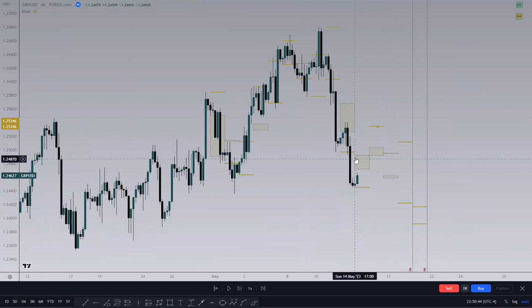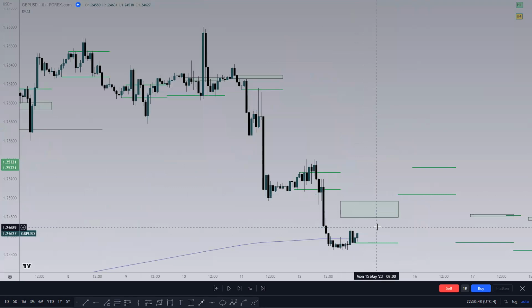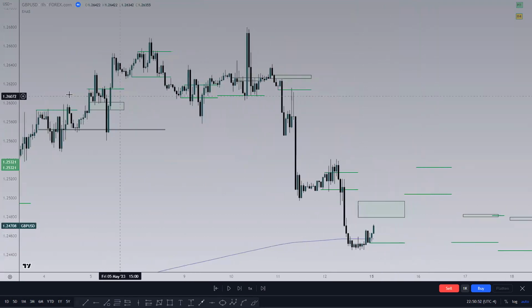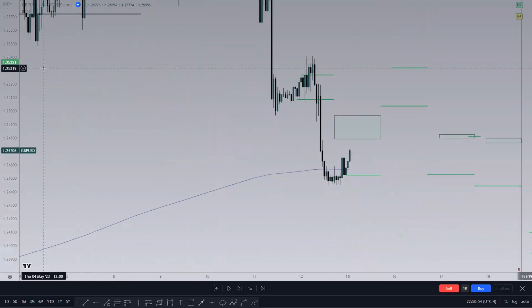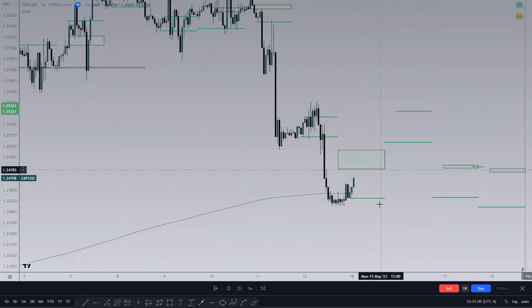The reason this imbalance is a little bit higher is because of real time. So if I forward play the next candle, just before the London Open we can see that the next draw on buy side on the 1 hour time frame is this imbalance, and the next draw on sell side on the 1 hour time frame is this swing low down here. So again, very simple levels.